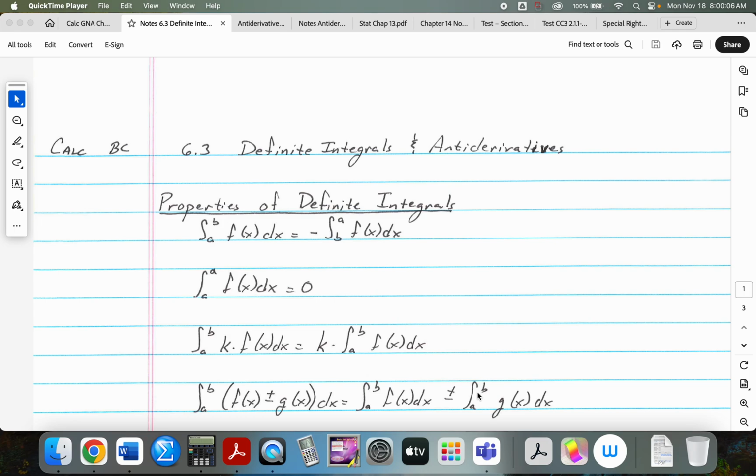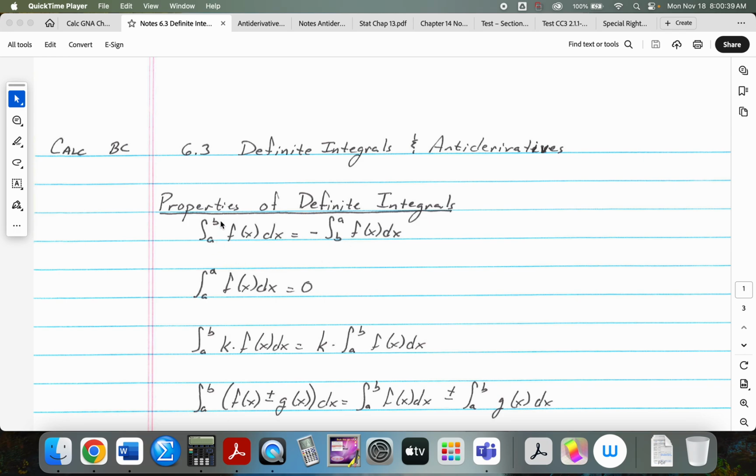Today we're going to start looking at some rules for finding antiderivatives so that we can do definite integrals that aren't just geometric figures. So one rule is that if we have the integral from a to b of f of x dx, and we were to reverse the order of our limits of integration, what we end up with is the opposite of that.